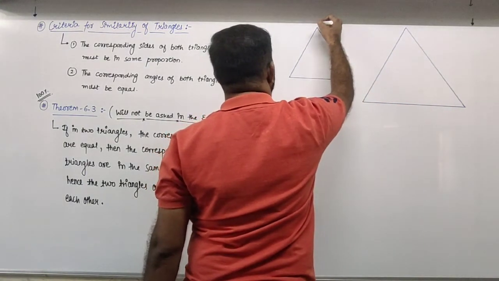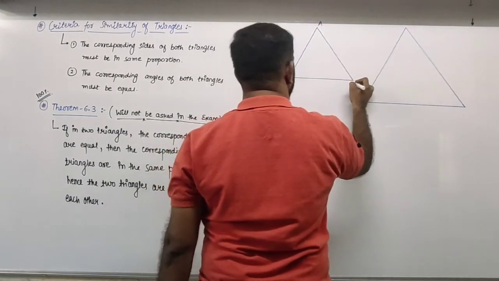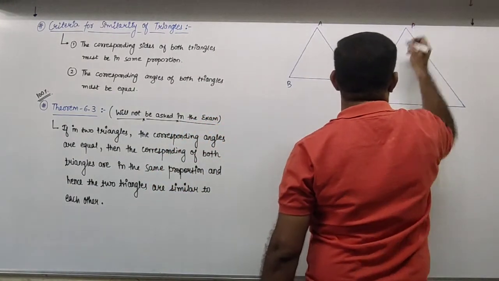Let us say that this is triangle ABC and this is triangle PQR.